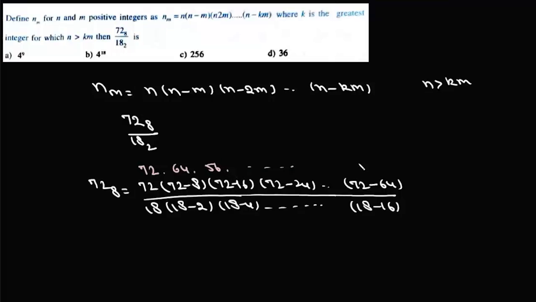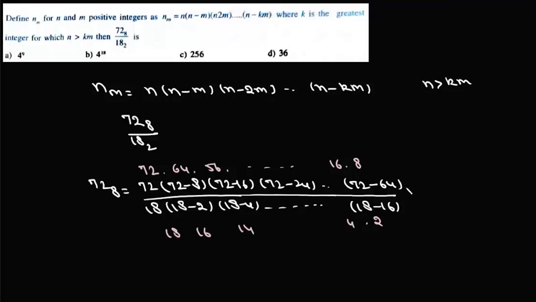And this is 8. This is 16. So we have all the numbers 8, 8 into 2, 8 into 3, up to 8 into 9. And here we have 2, 4, and this is 14, 16, and 18.